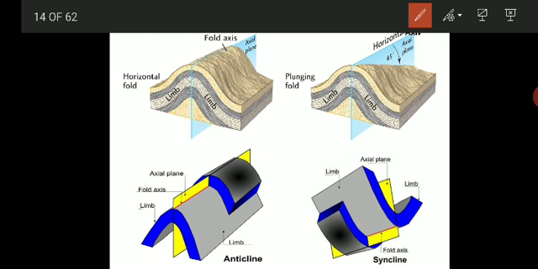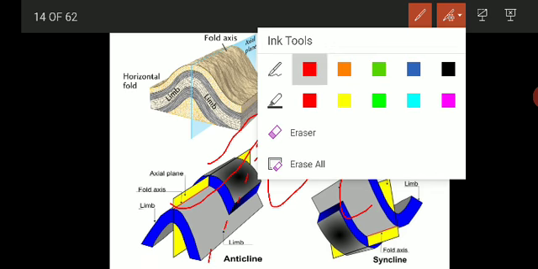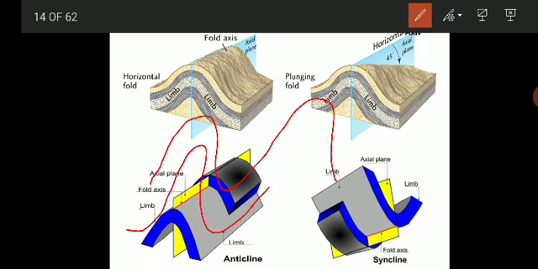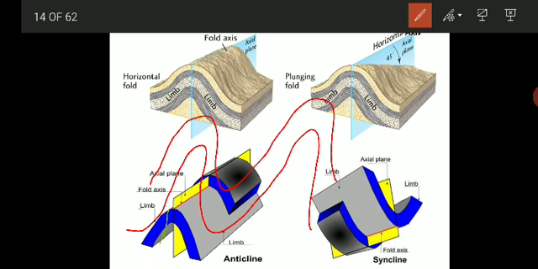Then one more part of the fold is, suppose there is a series of folds like this, okay, this is a series of folds. Then this line becomes the axial plane which divides the fold into two equal halves.